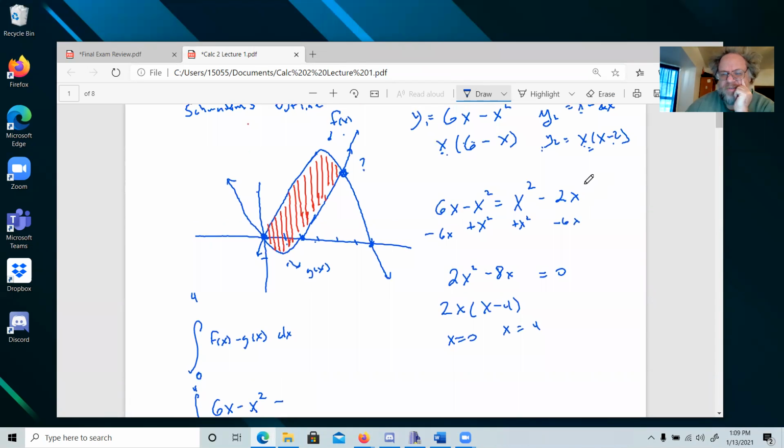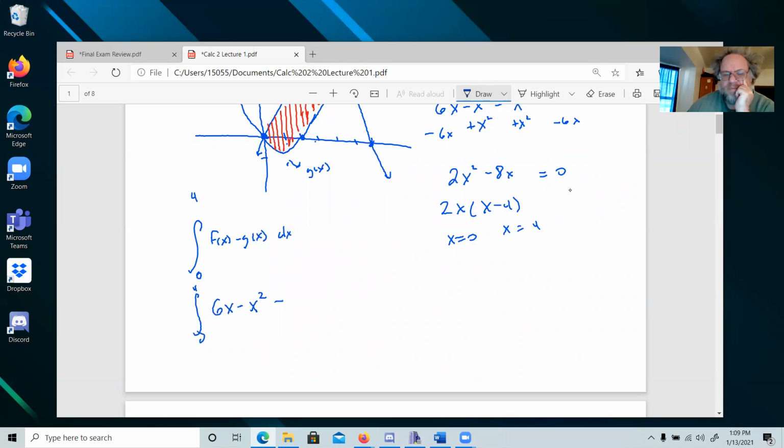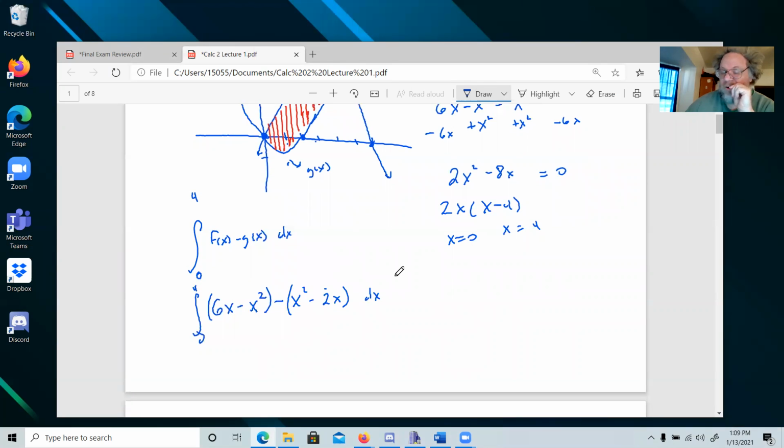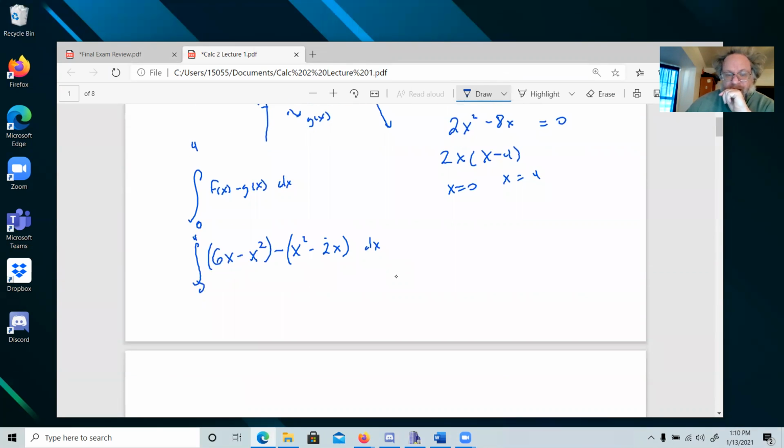My g of x is x squared minus 2x. So there's my f of x minus g of x. If you don't do this and you set it up this way, it is going to be a little bit weird. So here we go with all of this business.